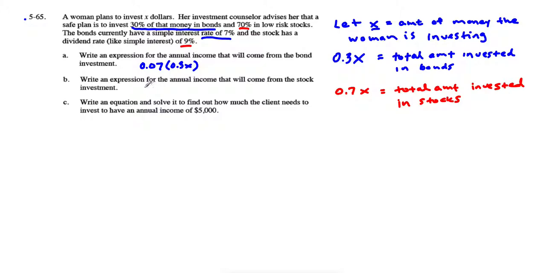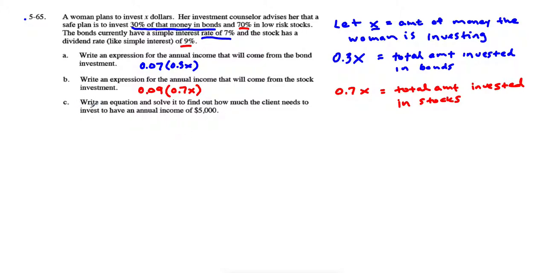Well, to figure out how much that is, we're going to have to take 9%, which is like 9 cents, times the total amount invested in the stocks. So 0.09 times 0.7x. This expression here will represent the annual income that will come from the stock investment, 9% of the total amount she's invested in stocks.